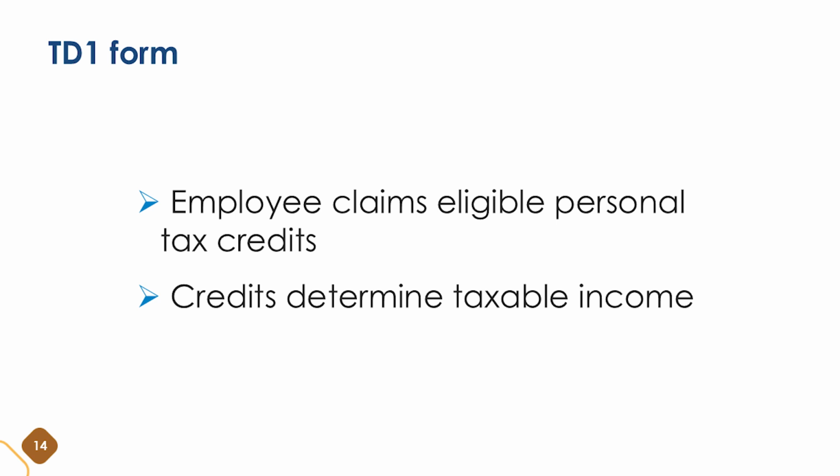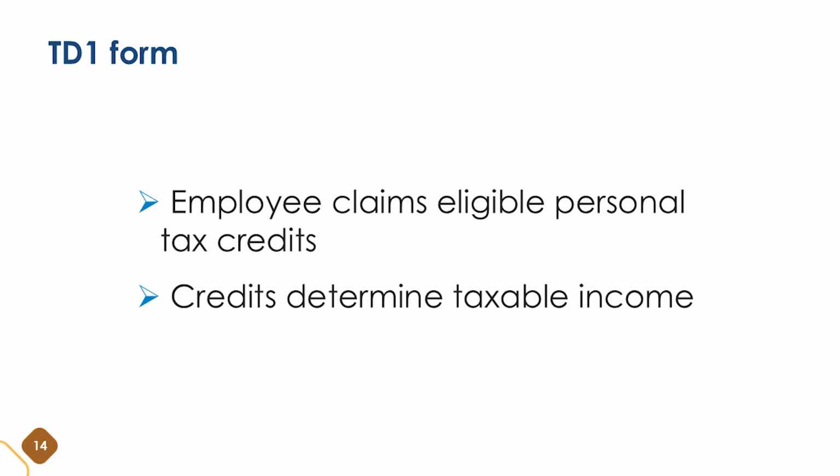So, if an employee has more than one employer, they should fill out a TD1 for each employer, but only claim the personal tax credit amounts on one of those forms.